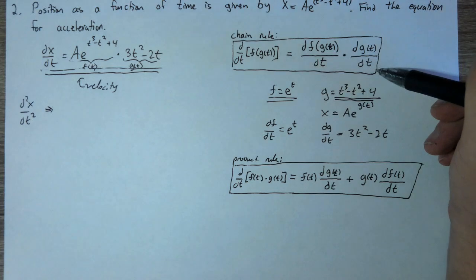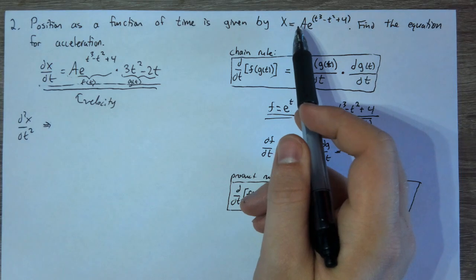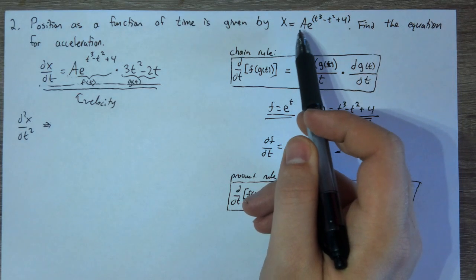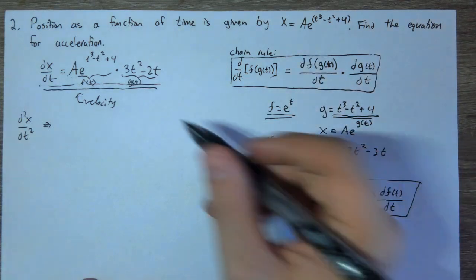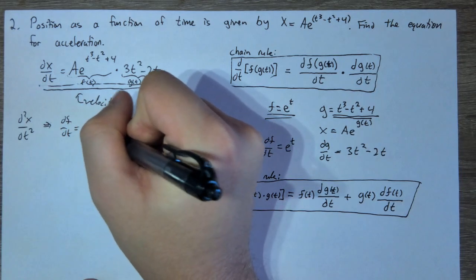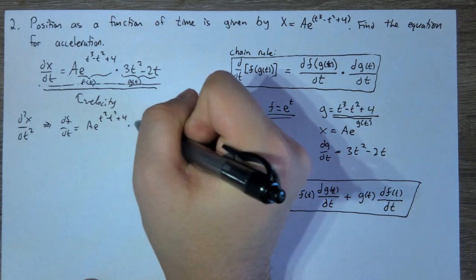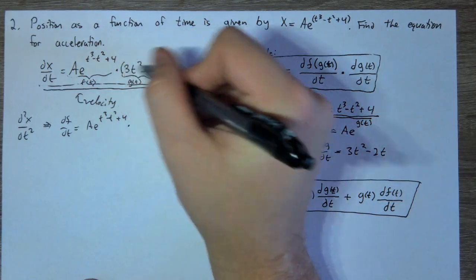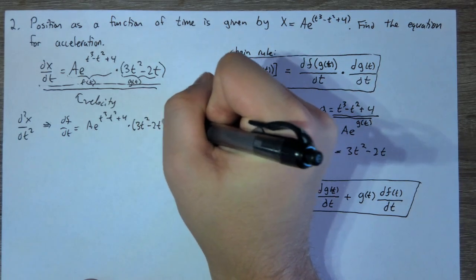We would apply our chain rule again, right? Notice that this f(t) is exactly the same as the derivative that we did before, so I'm just going to write it out. It's the same, but you would solve it using the chain rule. I'm going to make this more clear with brackets.